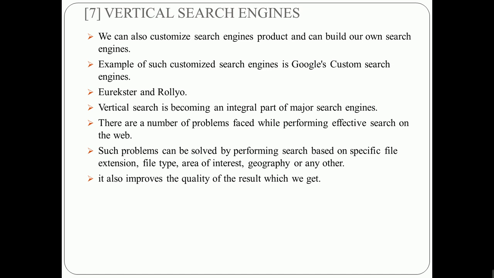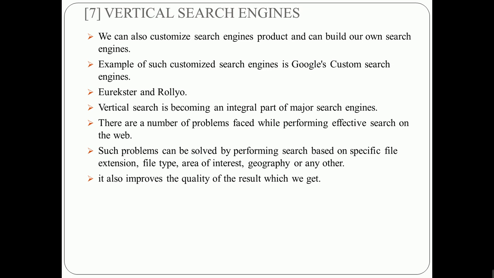We can also customize a search engine product and build our own search engine. An example of such a customized search engine is Google's custom search engine. Vertical search is becoming an integral part of major search engines.